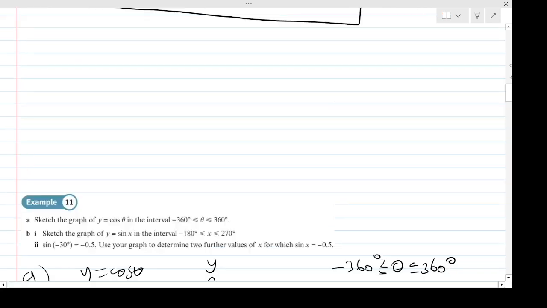Right. Okay. Now part 2 says sine of -30 is -0.5. Use your graph to determine 2 further values of x for which sine of x is -0.5.